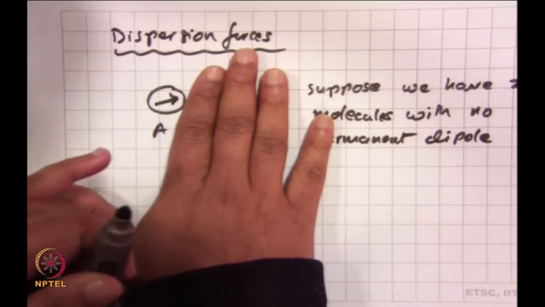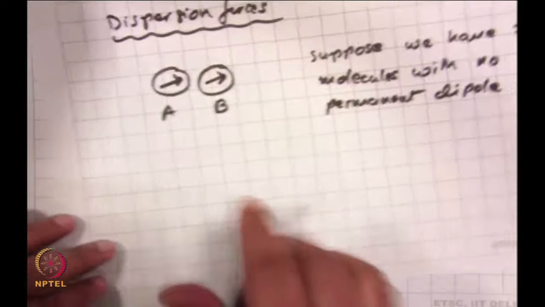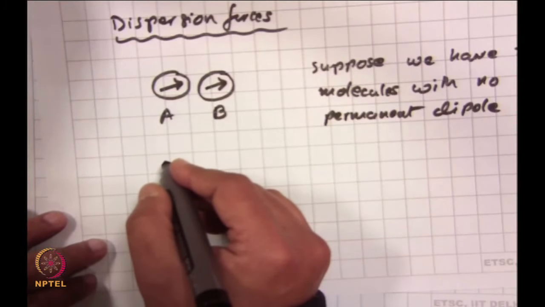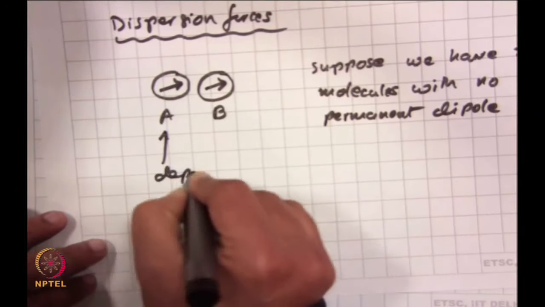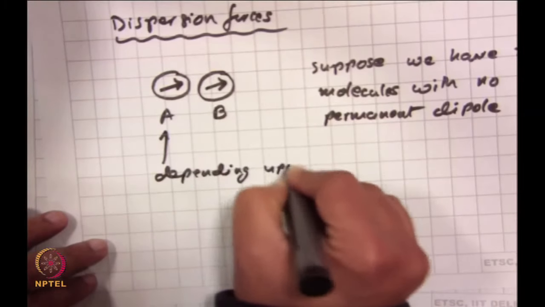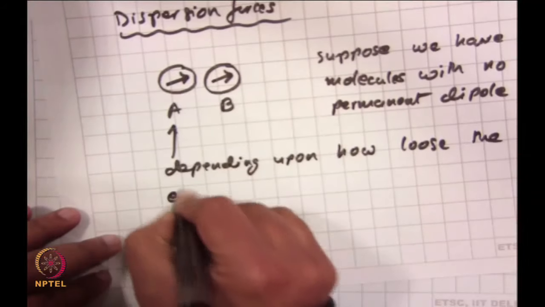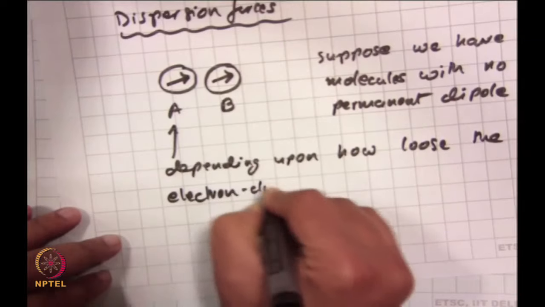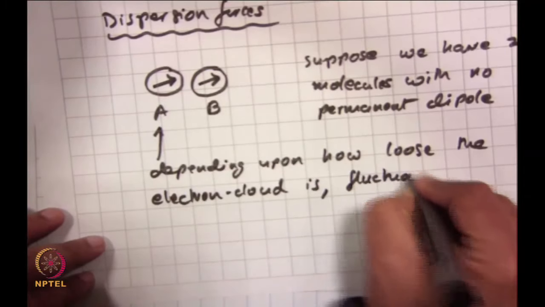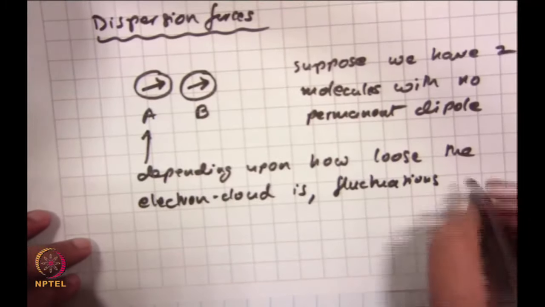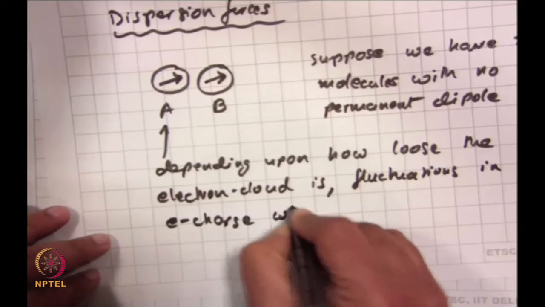A also does not have a permanent dipole, and B, obviously we are not talking about B right now, but we know about something referred to as an instantaneous dipole, right. So, what will happen is, if I am talking about A, depending upon how loose the electron cloud is, fluctuations in electron charge will occur.